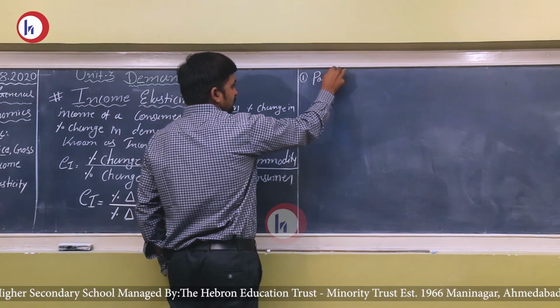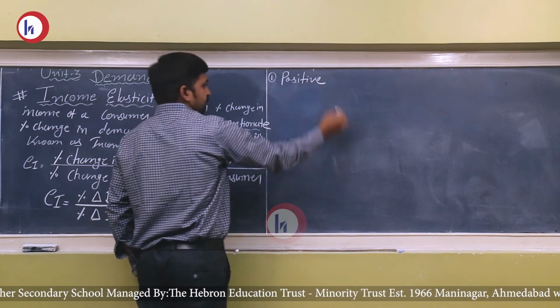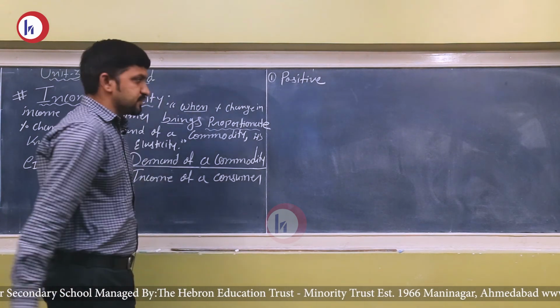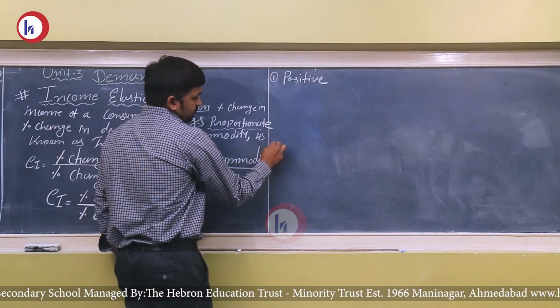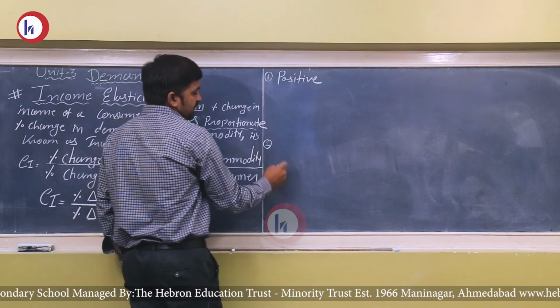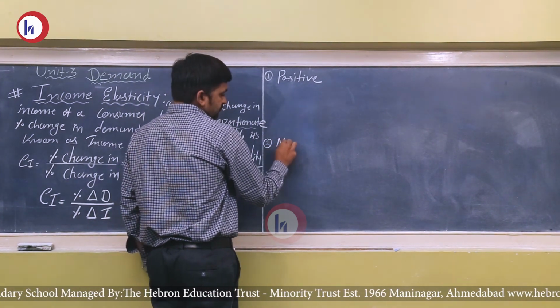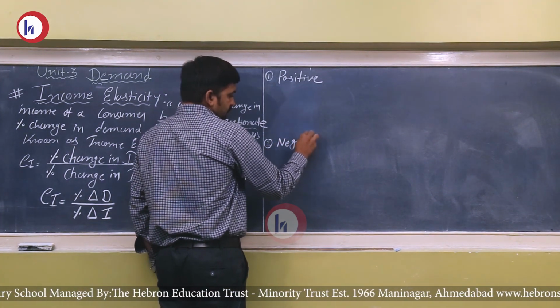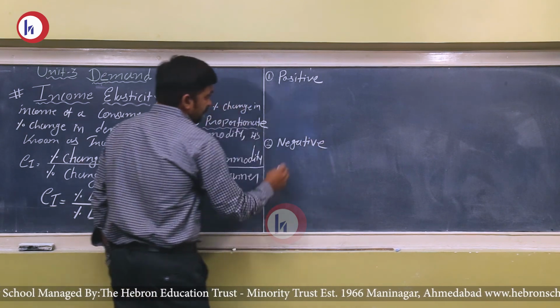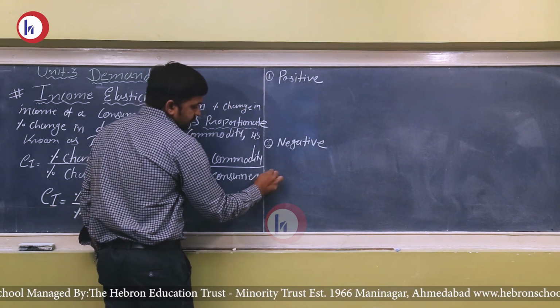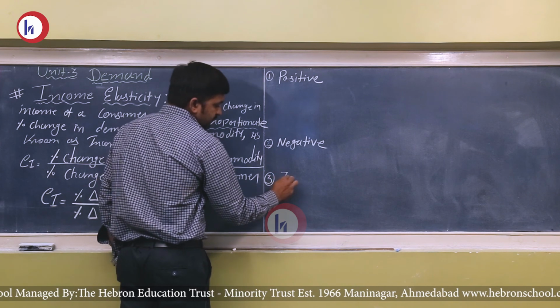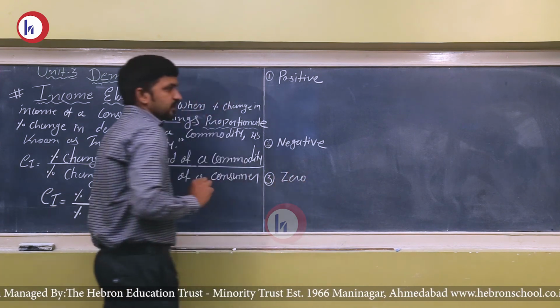Basically, there are three types of income elasticity. Number one, positive income elasticity. Number two, negative income elasticity. And number three, zero income elasticity.